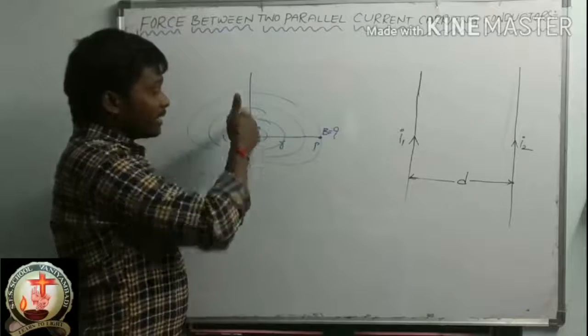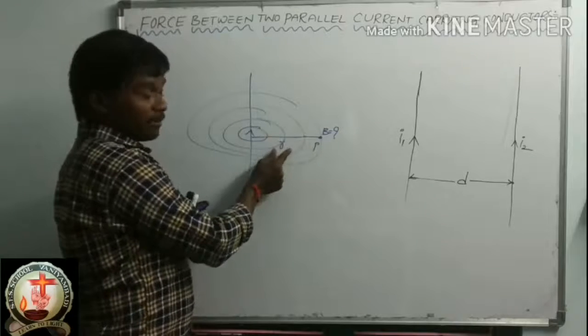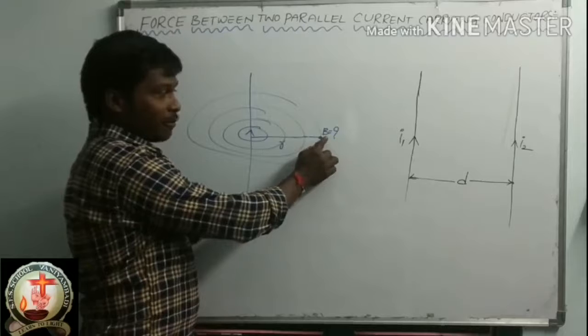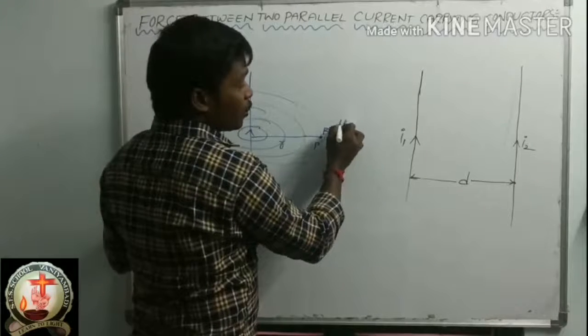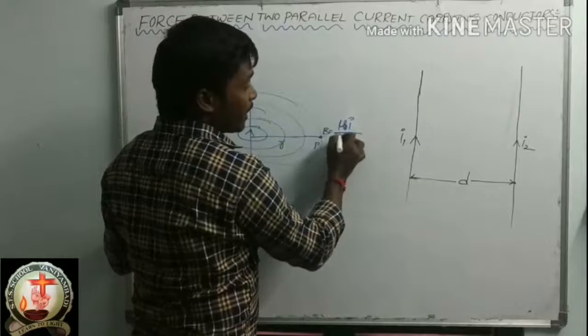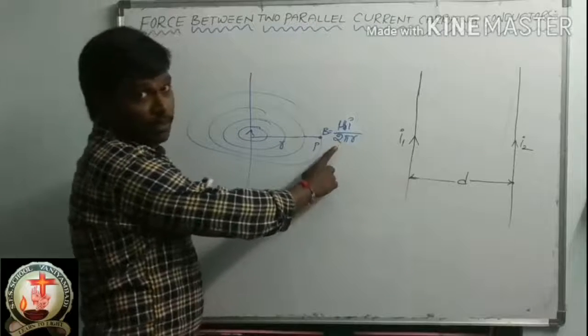Whenever a current carrying conductor produces a magnetic field at a particular point at a distance r, what is that expression? B is equal to mu naught I by 2 pi r. Please don't forget this; you can remember this expression also.